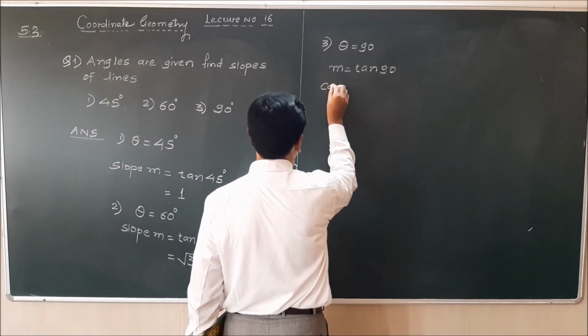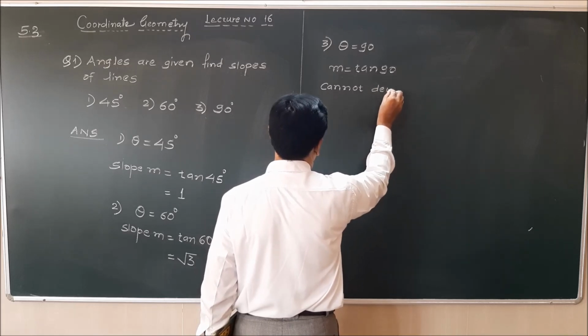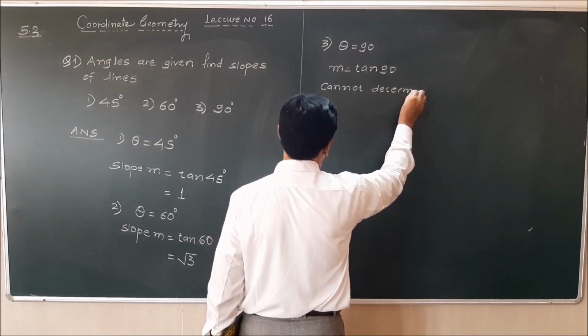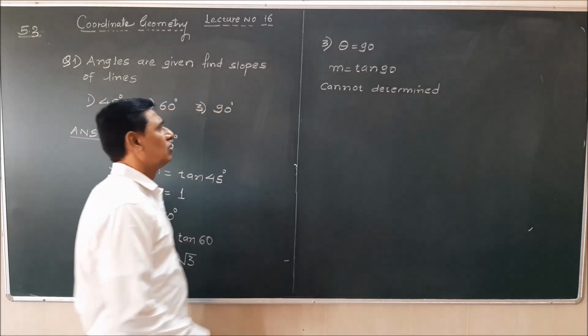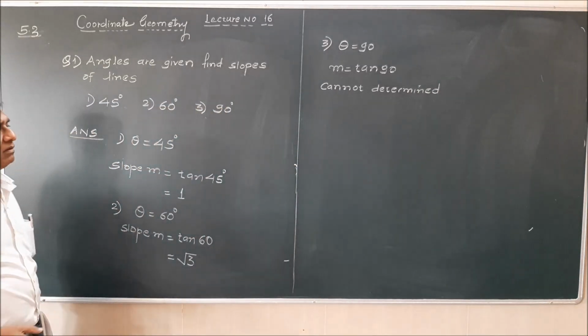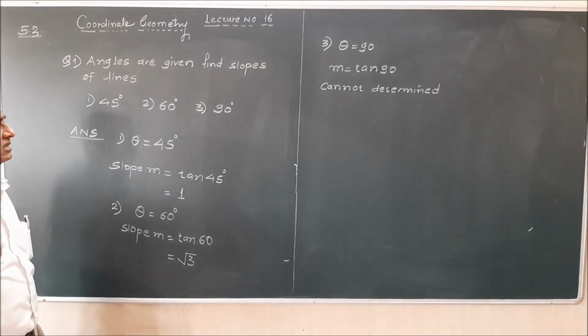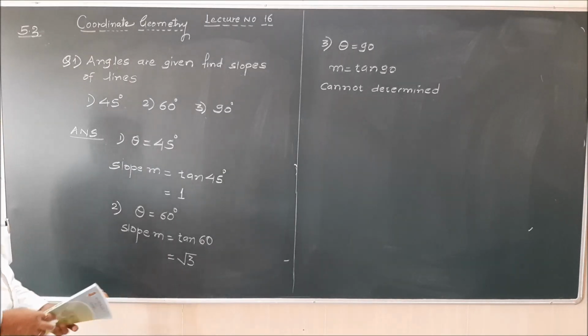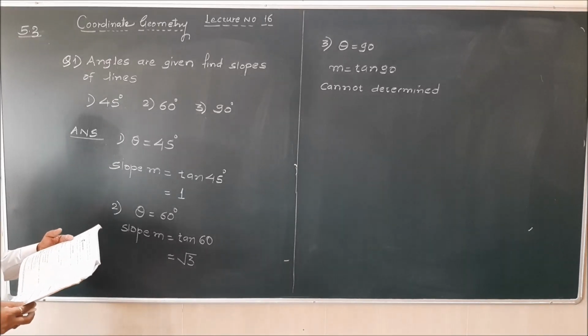Cannot be determined. So very simple, you must know the values of tan angles, what is tan 30, tan 45, tan 60, tan 90, and so on. In this simple manner we find the answers.